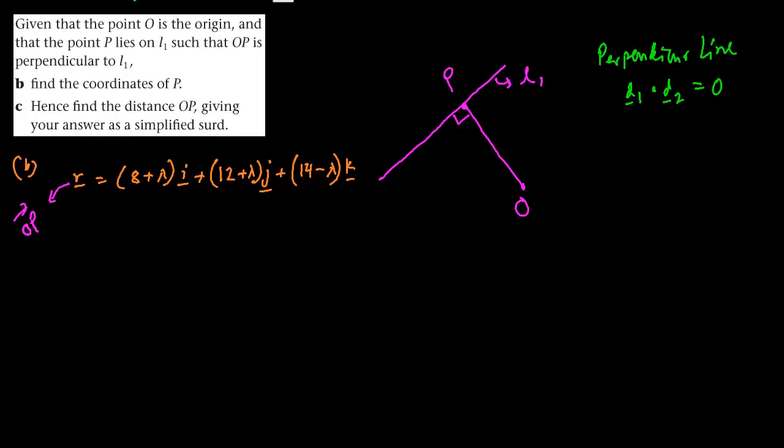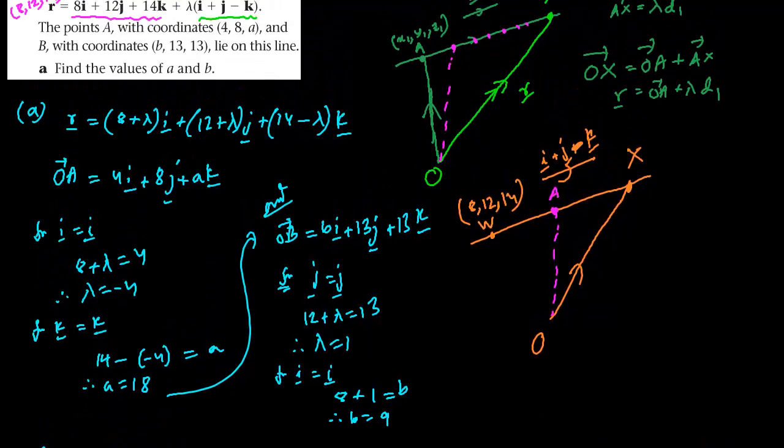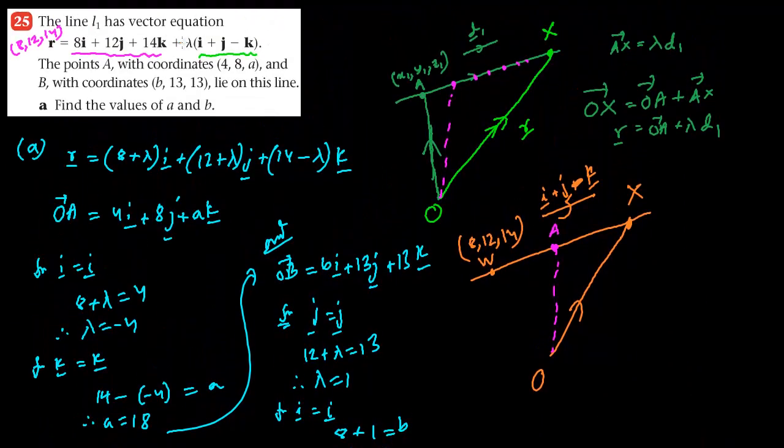So the dot product should be with the direction vector. The direction vector OP is OP itself. Let me write this in column vector format, it's easier. So OP should be 8 plus lambda, 12 plus lambda, 14 minus lambda, dot. Now the direction vector of L1. If you remember, the direction vector of L1 is what is written after the scalar quantity, lambda.